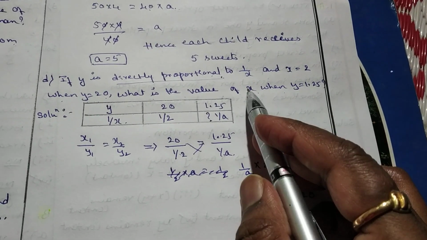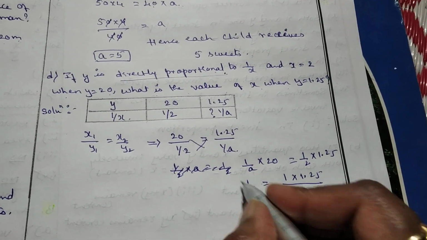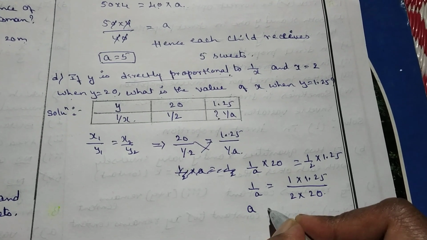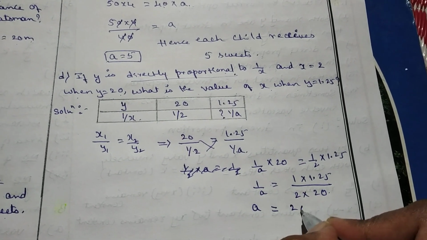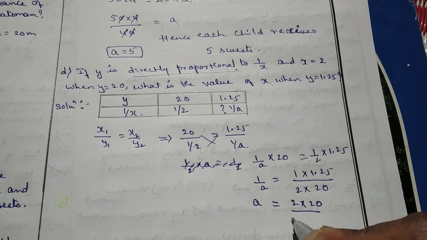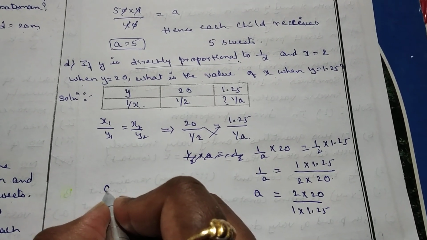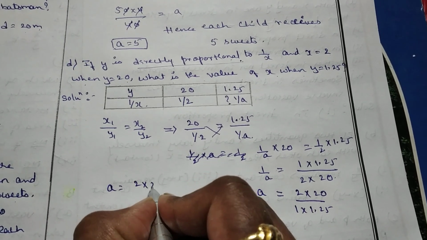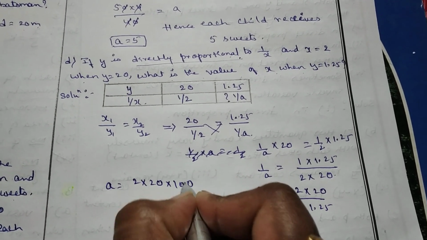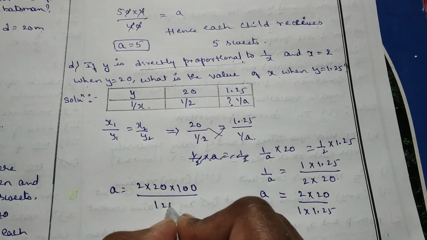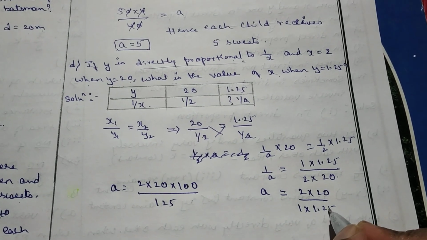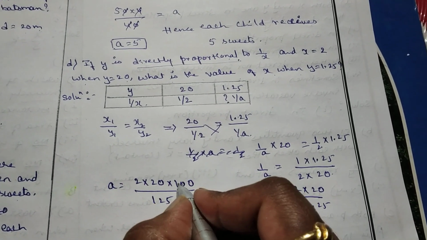Since the value we want is x, I'll go for the reciprocal. a by 1 is 2 into 20 divided by 1 into 1.25. Then a equals 2 into 20 into 100 divided by 125, because after the decimal point we have two digits, so 2 zeros in the numerator.